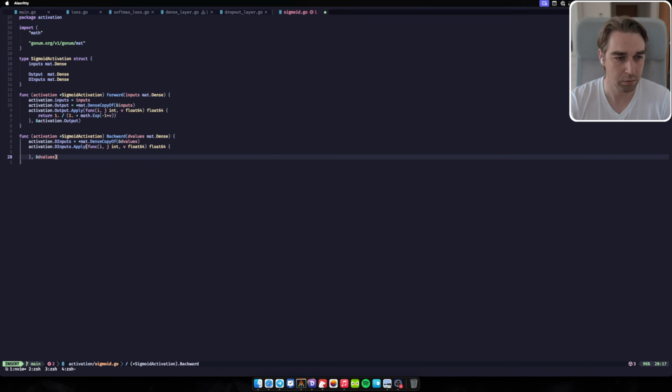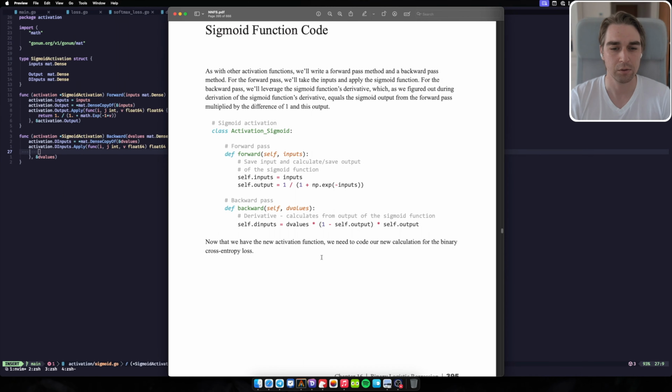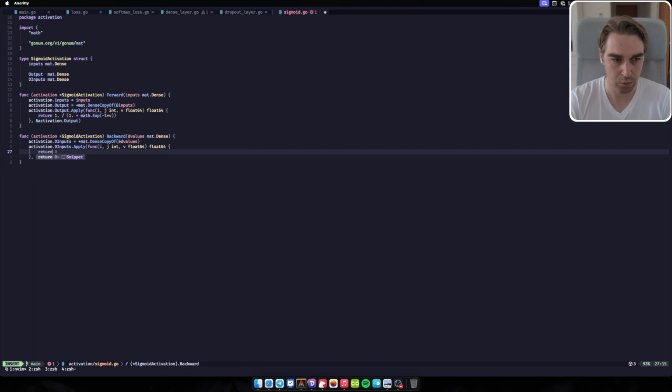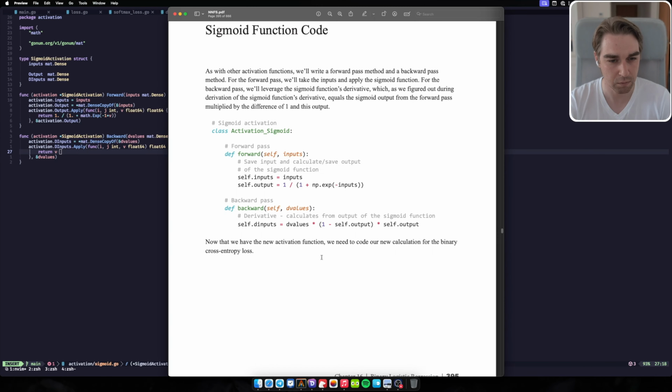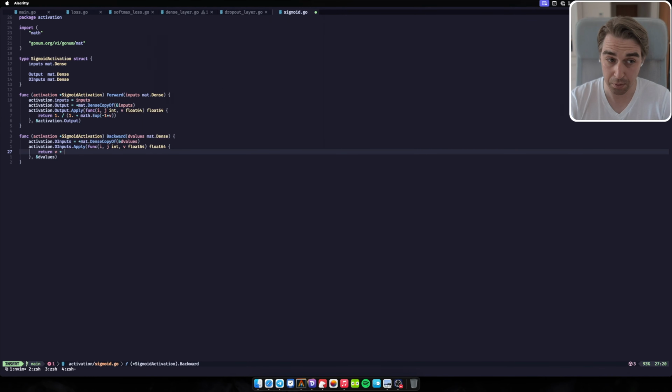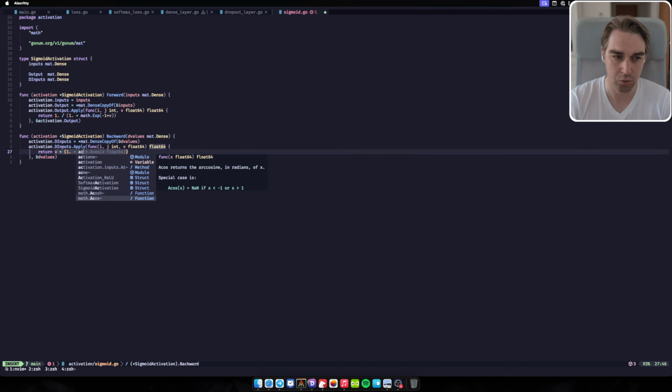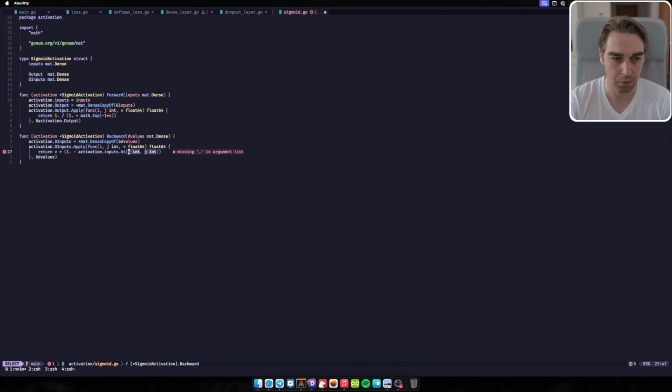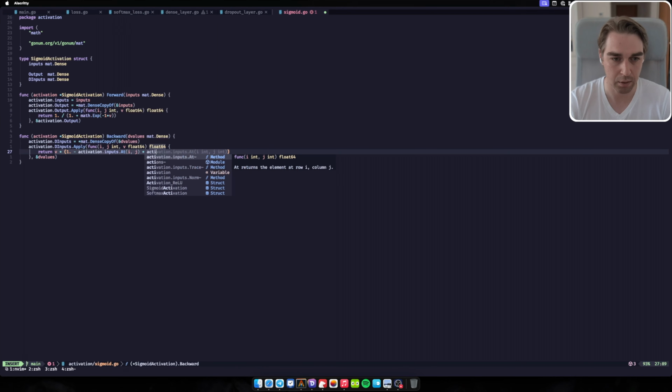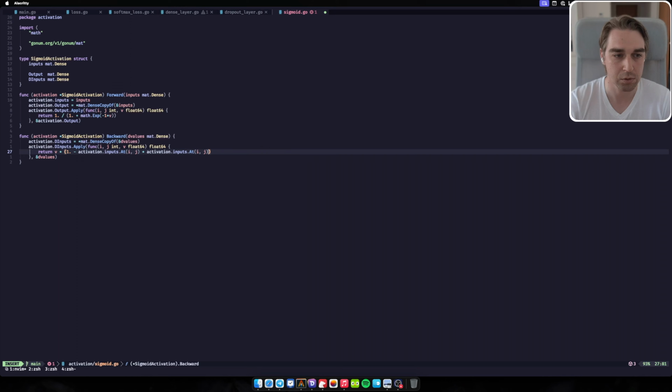We're taking the dvalue, then we multiply it by 1 minus the output at the same position, and then multiply it by the output at the same position.